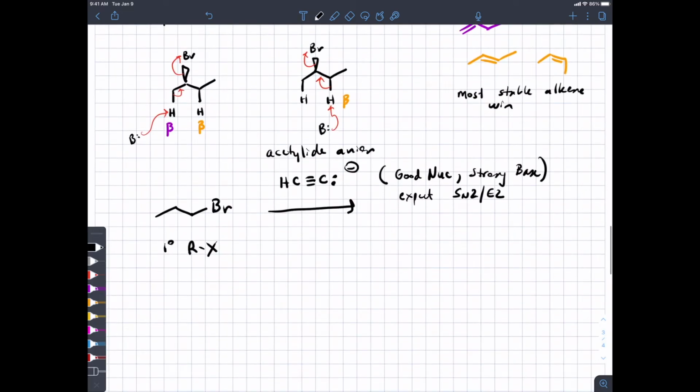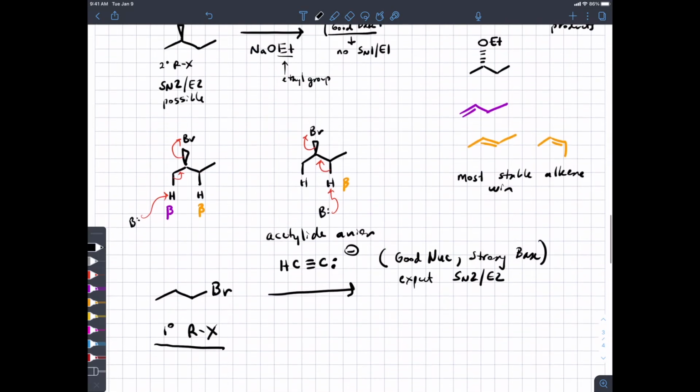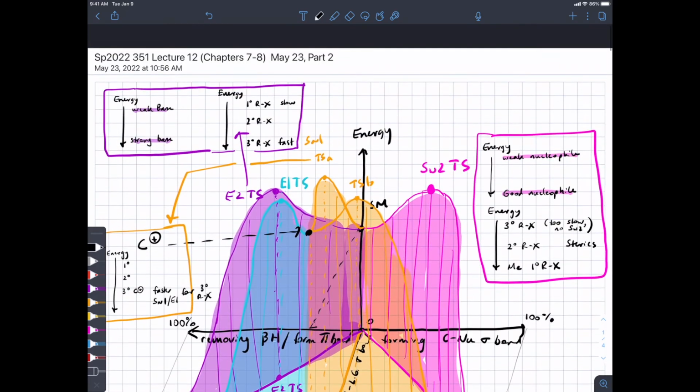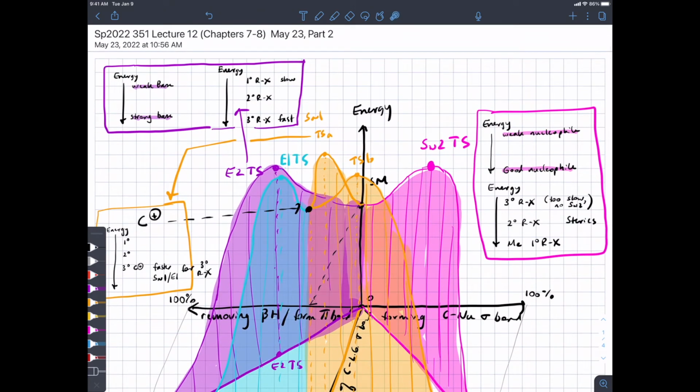But if we go back up to our diagram and look at how alkyl halide structure influences the E2 versus SN2 reactions, we said the SN2 reaction is fast, wicked fast for the methyl or primary alkyl halides, and it's slow for E2.